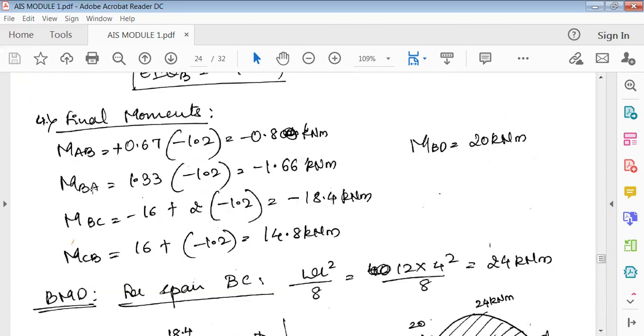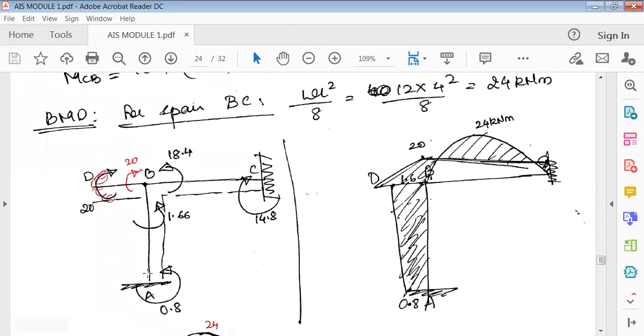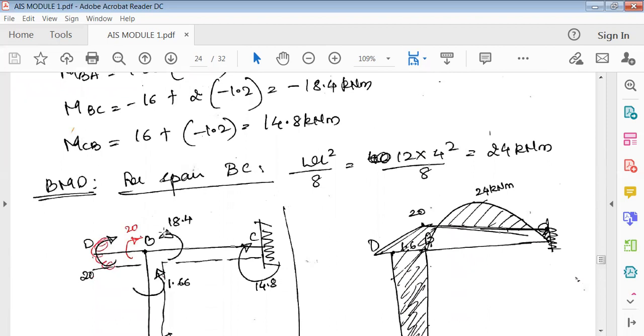Next, MBA is minus again. So show it here, anti-clockwise. Next, MBC. MBC is minus 18.4. Again you have to show it in whichever span it is acting, so MBC you have to show in the horizontal section.